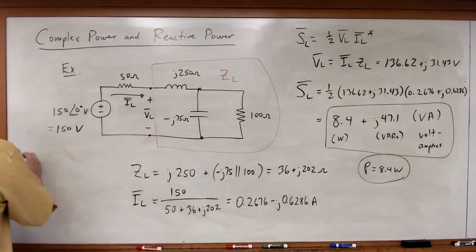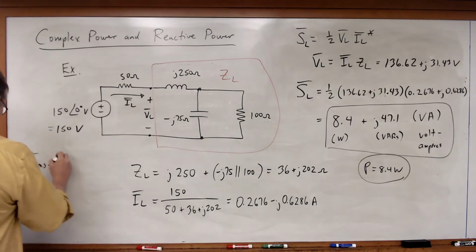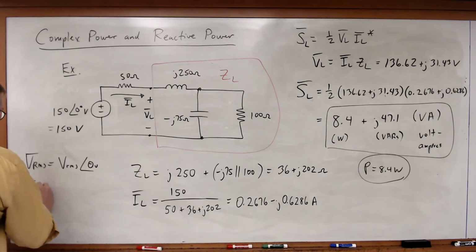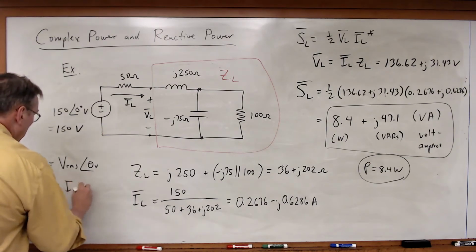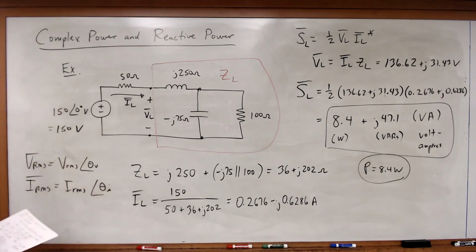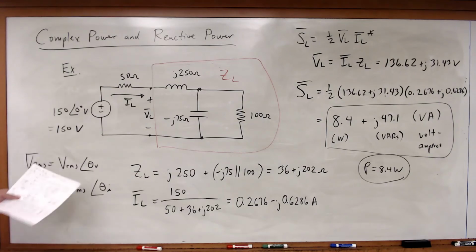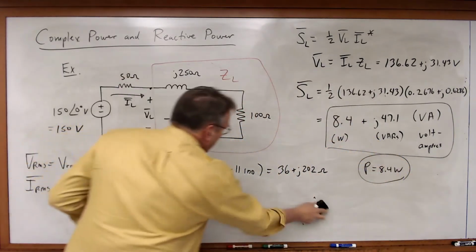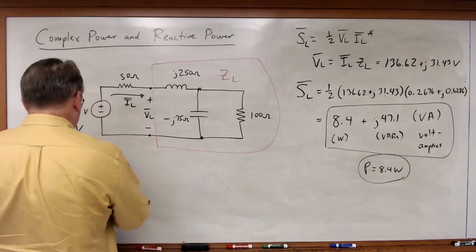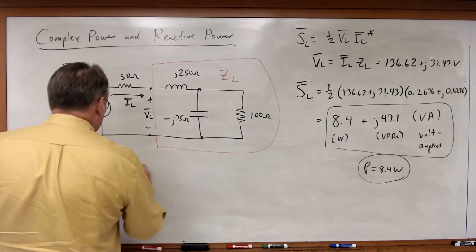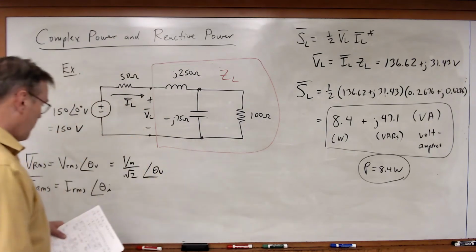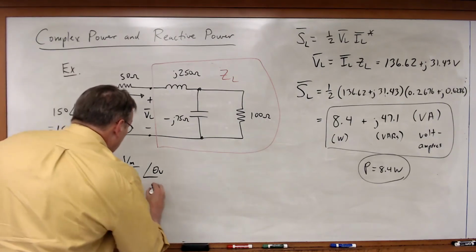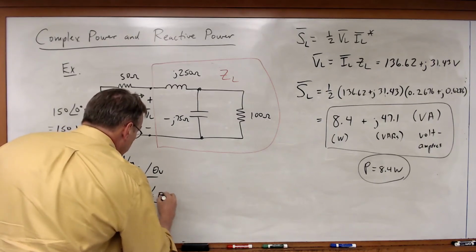We note we can define VRMS, which is equal to an RMS magnitude at angle theta sub V. We can define IRMS, which is an RMS magnitude at angle theta sub I. So we can define these as RMS phasors, and if we do that, then this is actually equal to Vm over the square root of 2 at a phase angle of theta sub V. This is Im over the square root of 2 at a phase angle of theta sub I, I'm sorry.